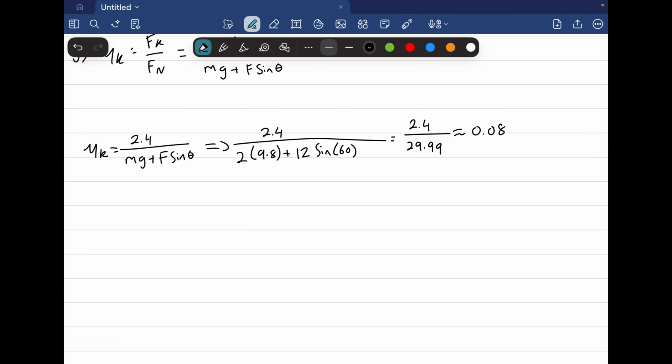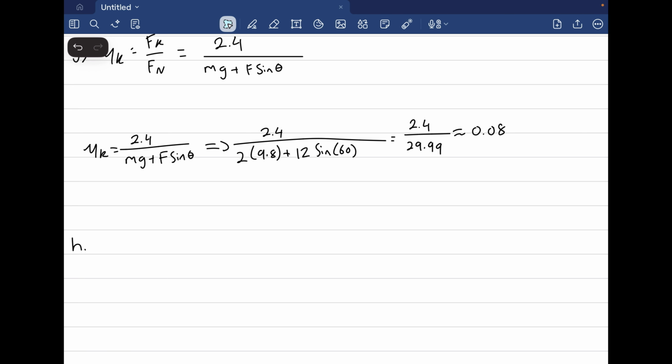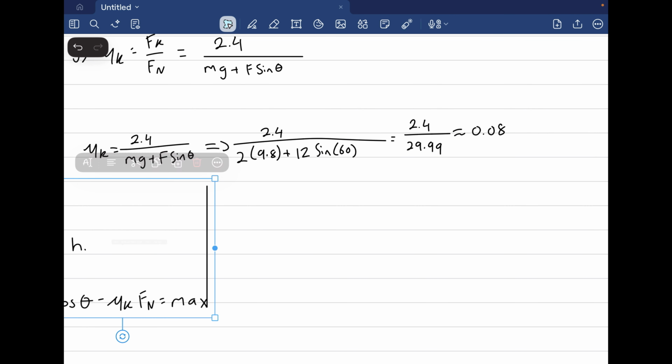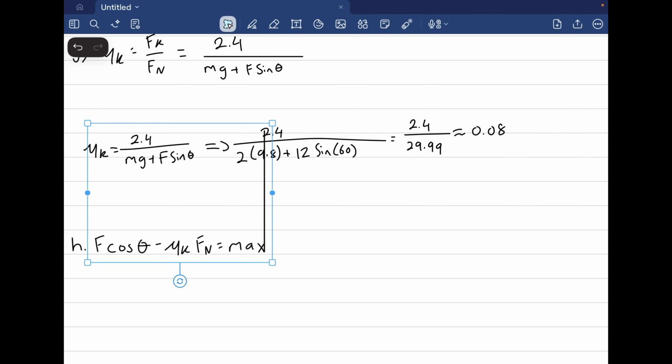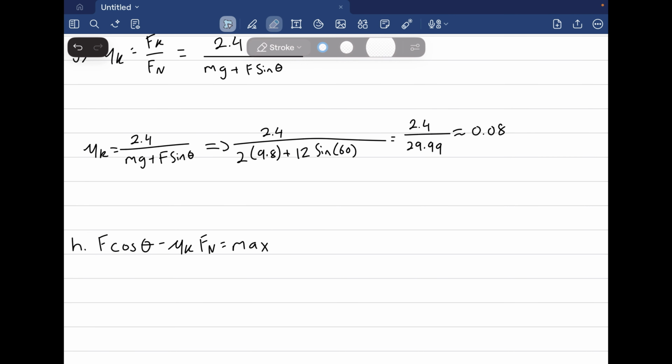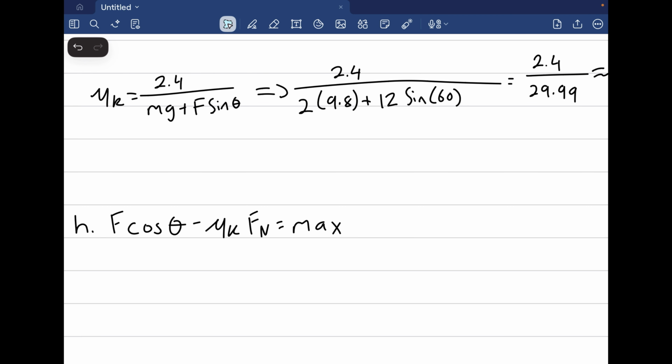So part H, we have this equation, right? I'll just divide both sides by m.